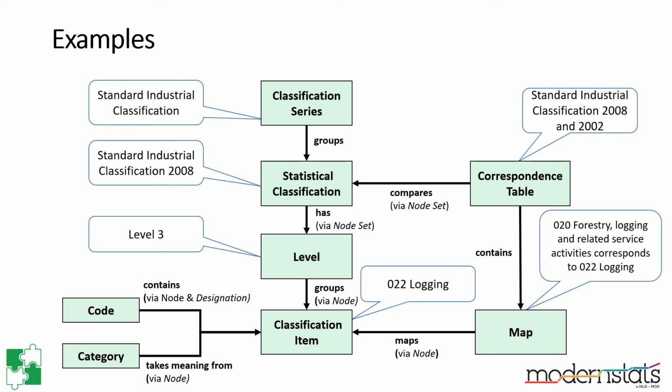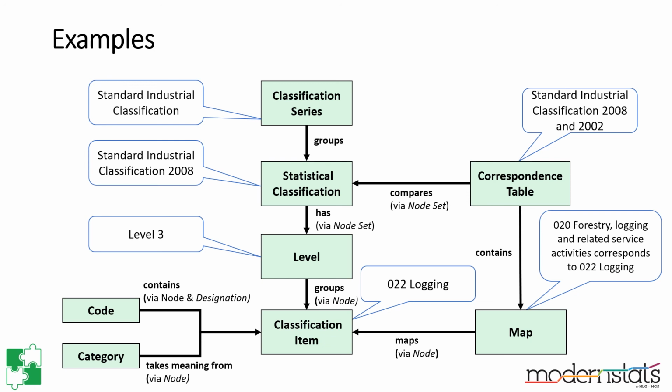Then the correspondence table could be, for instance, between standard industrial classifications 2008 and 2002, and it would contain mappings. And one map could be 020 forestry, logging and related service activities, which corresponds to this 022 logging.